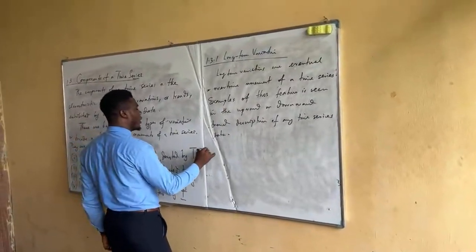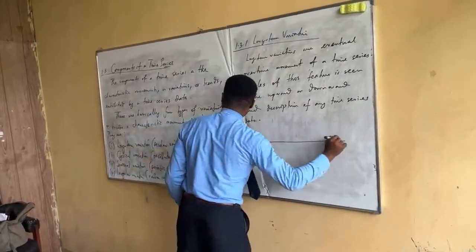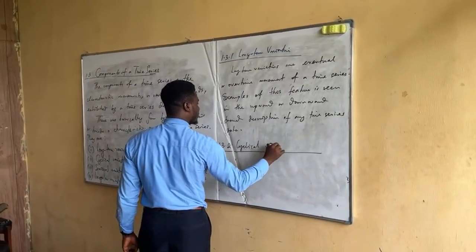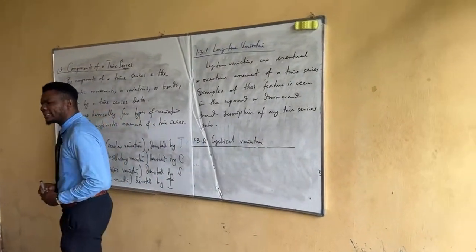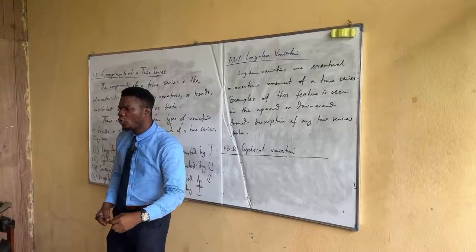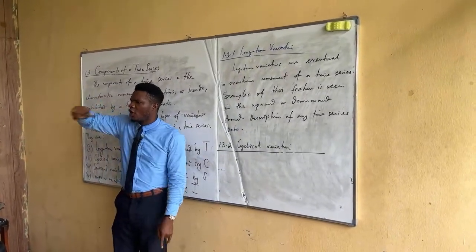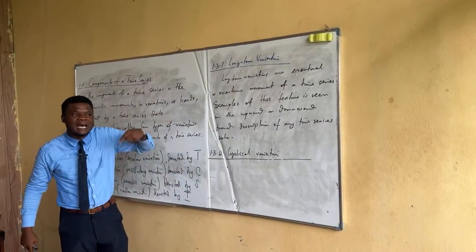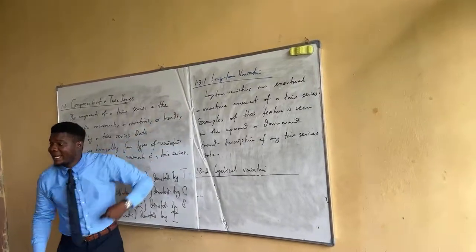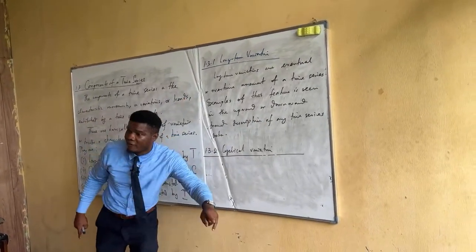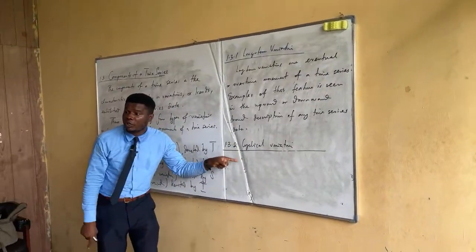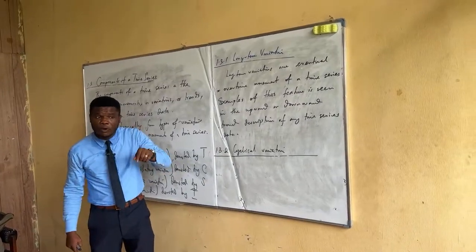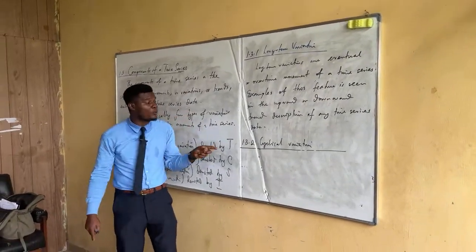Now let's go to 1.3.2. 1.3.2 is which one? Cyclical variation. Do you know that even as the trend was over time upward, or downward, or stagnant, it does not prevent it from still being cyclical?